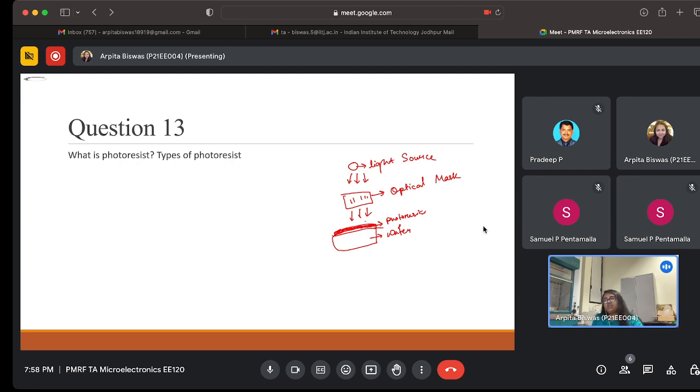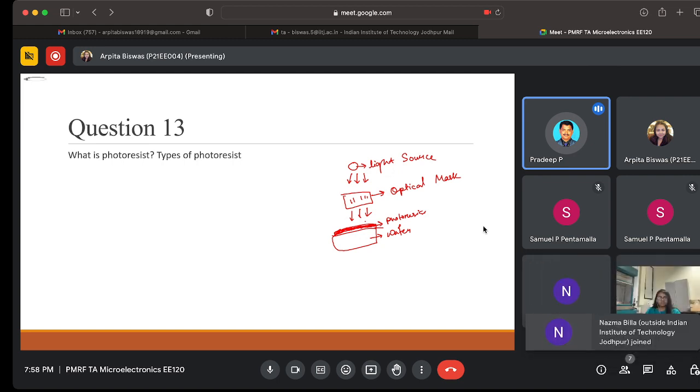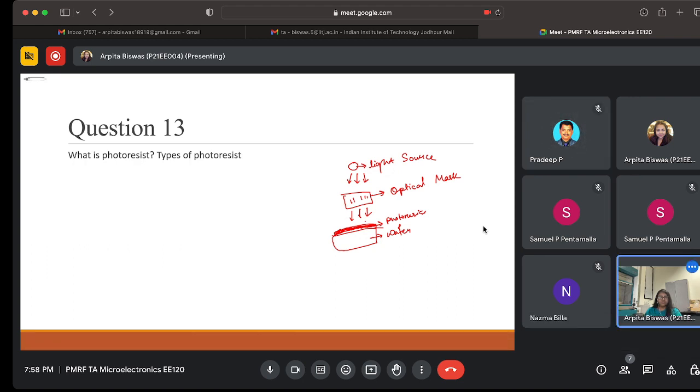So now tell me, what is the function of photoresist here? Why have we used photoresist? For patterning, madam, we have positive photoresist and negative photoresist. So what is the work of photoresist? If we do not spin coat the photoresist, what happens in that case?